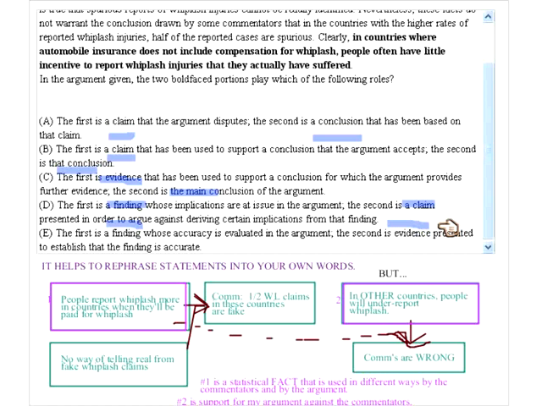This kind of observation is the basis for what we're going to call this backup method. So here's the backup method for evaluating boldface problems. Don't worry about the problem disappearing. We'll come back to it in a second. Backup method for evaluating boldface problems: take each boldface and decide whether each boldface is a fact or a claim.